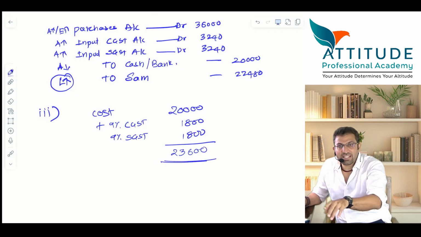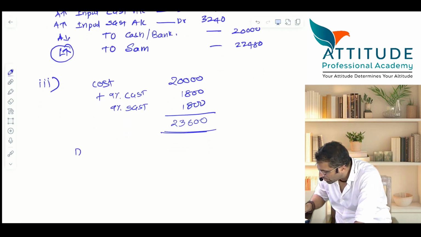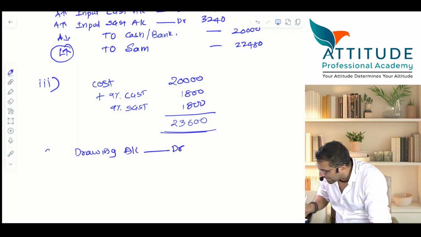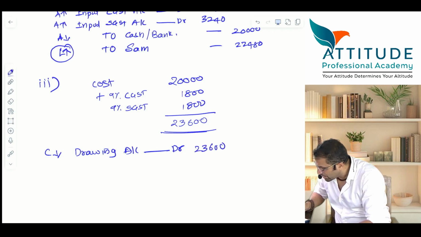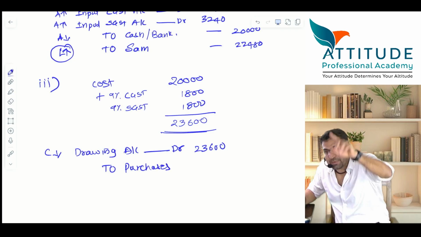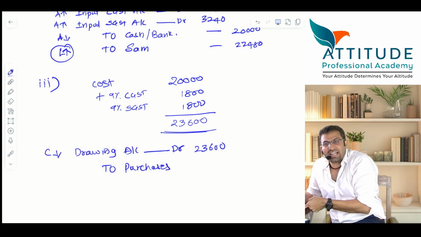Now tell me, my dear friends, drawing should be including GST. Tell me the drawings entry. Drawings account debit, capital reduces, 23,600. To purchases. Now purchases is always debited excluding GST. Now purchases will get credited excluding GST.